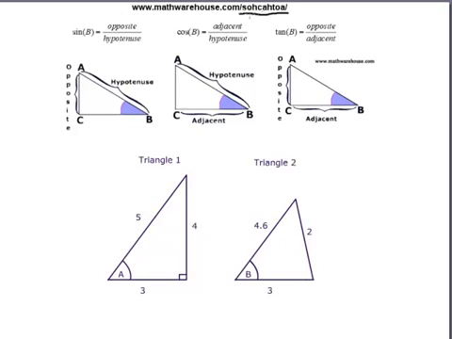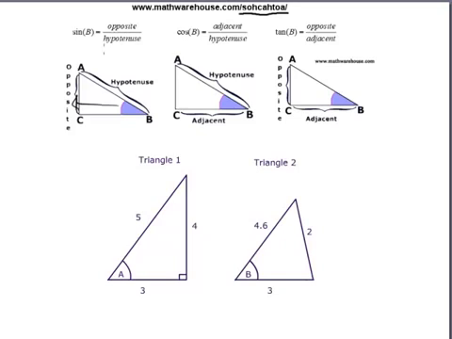Cosine is going to be A over H, or adjacent over hypotenuse. And tangent is going to be opposite over adjacent. You can see the diagram here giving you a picture of each case. So the sine of angle B here is the side that is opposite it, and that's on the numerator, and the hypotenuse is on the denominator.